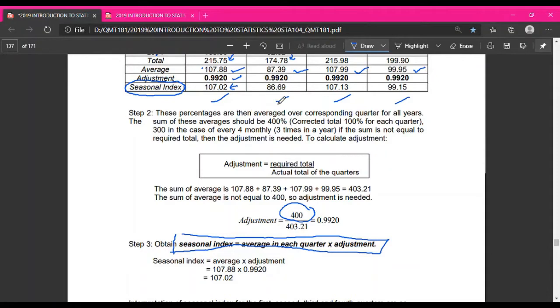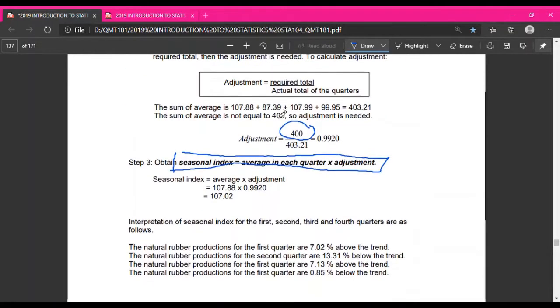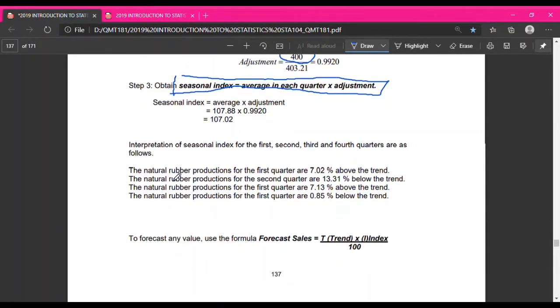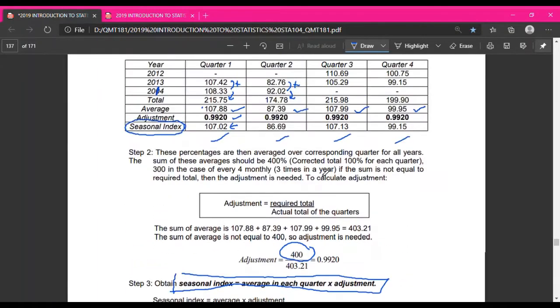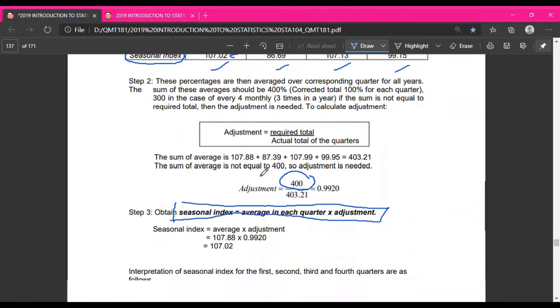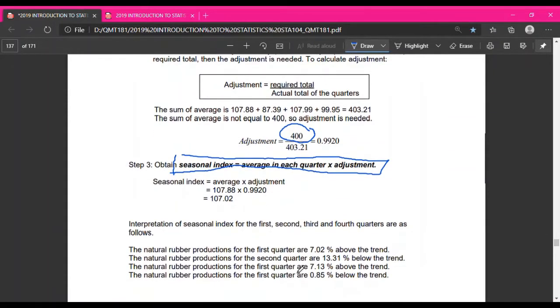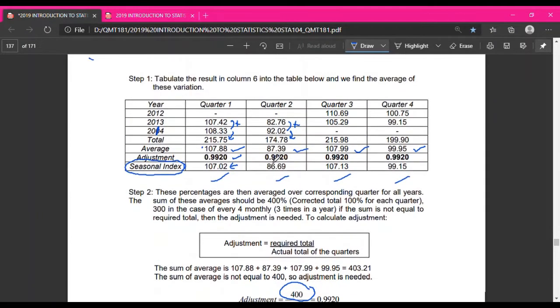Kalau less than 100, it's below the trend. So we can say that the natural rubber production for the first quarter are 7.02% above the trend. Dia lebih 7 daripada 100 tadi, 7.02. Okay, yang ke second quarter pula are 13.31 below the trend. Kenapa below? Sebab dia less than 100.